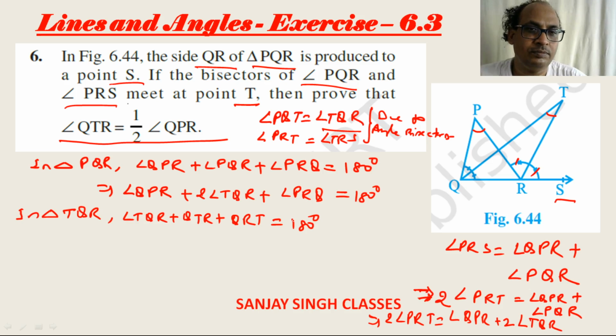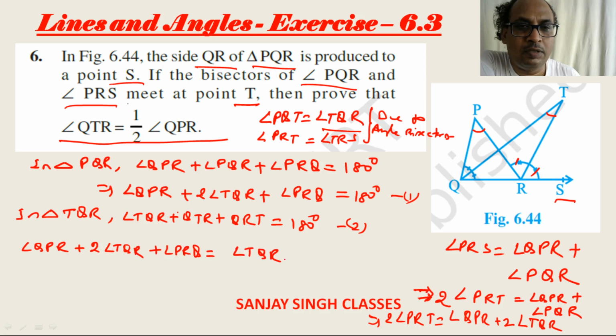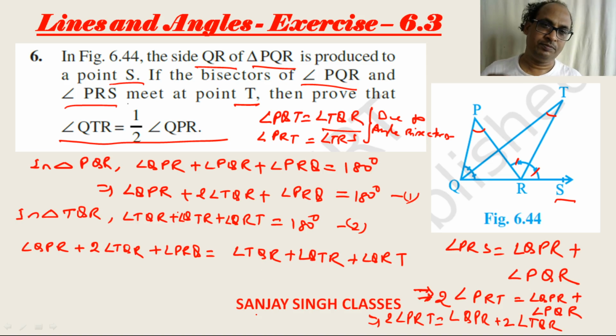Right. So if we are going to equate both of them together, 1 and 2, then angle QPR plus 2 times angle TQR plus angle PRQ will be equal to angle TQR plus angle QTR, this angle and this angle, plus angle QRT, both 180 degrees, so both sides are equal.